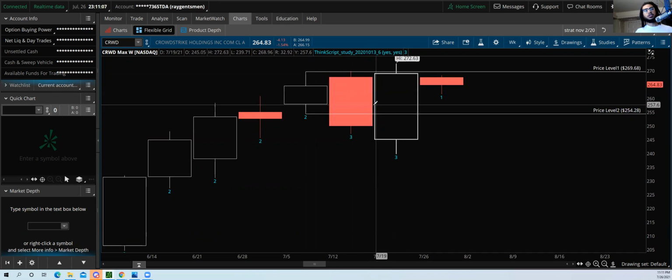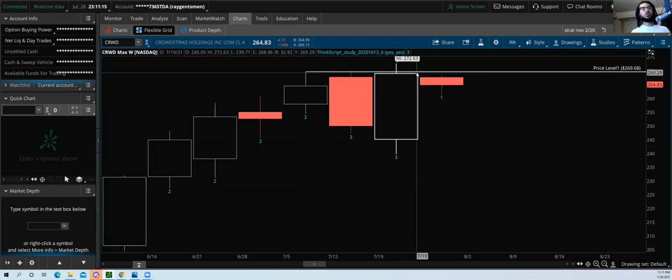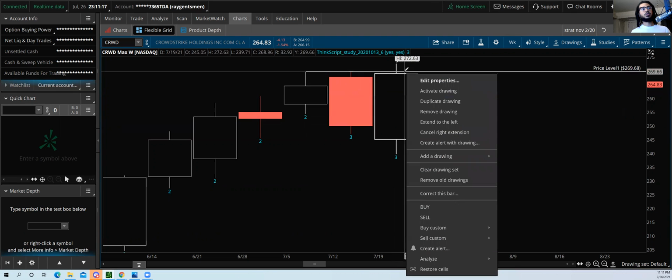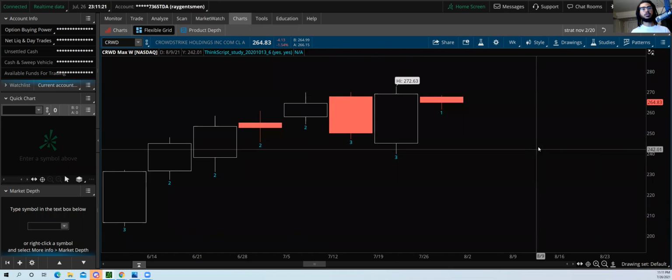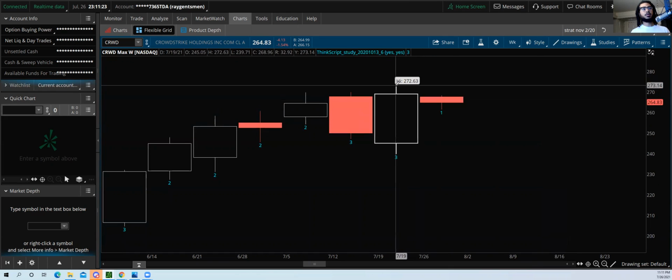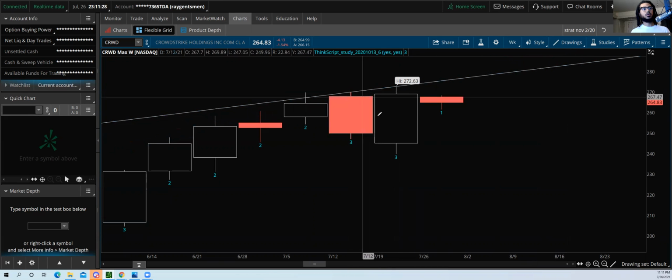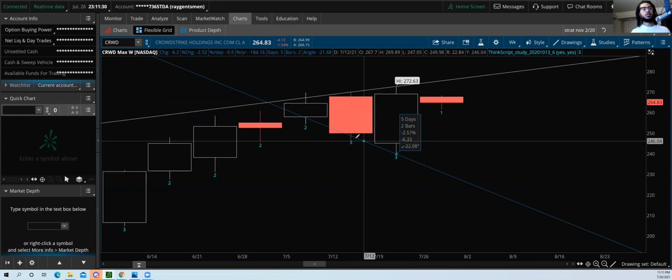Again, a broadening formation takes out one side of the range, then goes out and takes out the other side. A lot of times you can easily just draw from a three. When you're drawing the top of the broadening formation, you draw from a high to a lower high, and low to a higher low.